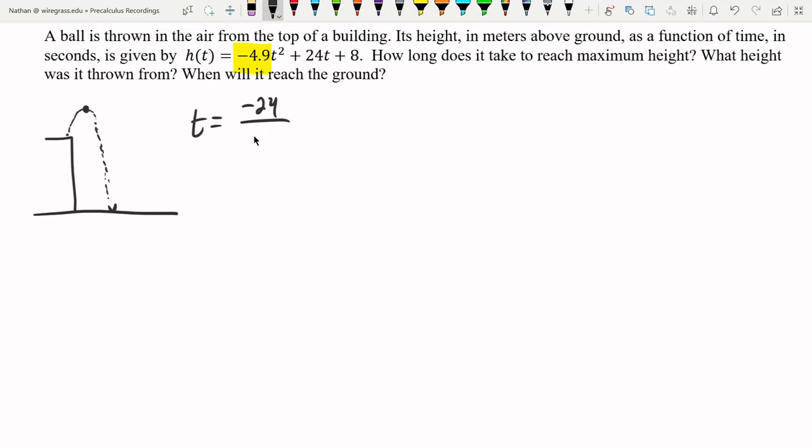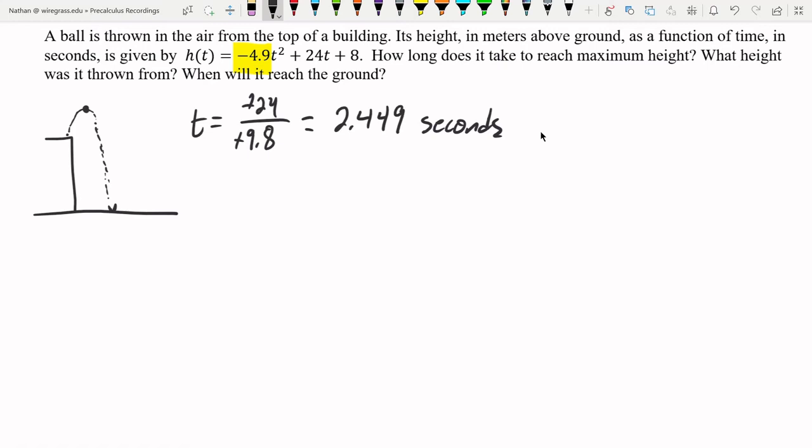A is negative 4.9, so that's negative 9.8. Those cancel, and that's going to be 24 over 9.8, which is 2.449 seconds. Time was given in seconds, so after 2.449 seconds, the ball reaches its maximum height.